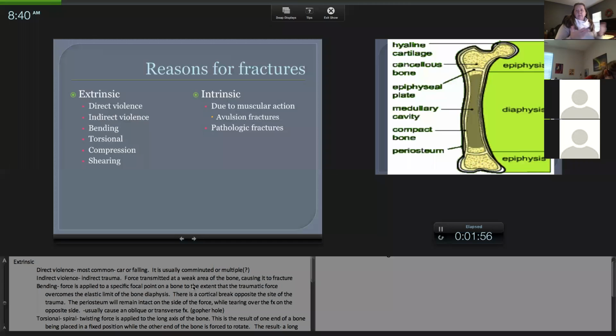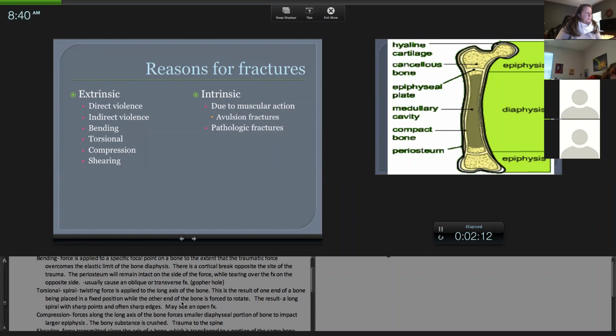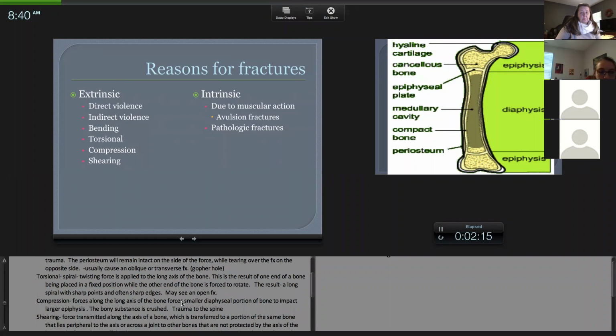So sometimes owners aren't going to be able to describe what happened, but the way the fracture looks can give the doctor a clue as to, was it a bending type fracture? Was it torsional? If we talk about compression, that is typically if they jump and they come together.